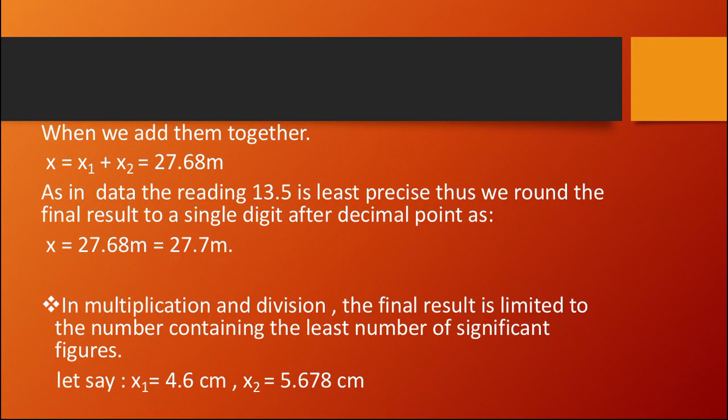If you are going to multiply or divide, then the final result is limited to the number containing the least number of significant figures. In data, if any quantity has the least number of significant figures, you will round off your result to that number of significant figures. In this example, x1 equals 4.6 centimeter and x2 equals 5.678 centimeter.